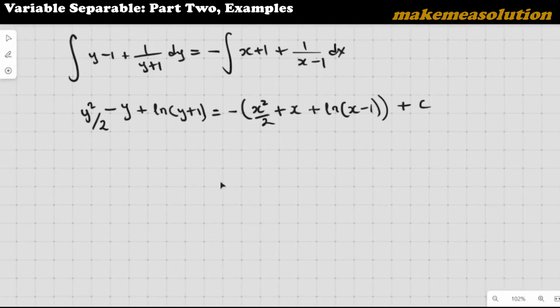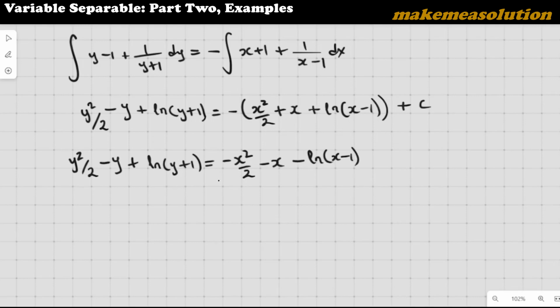Okay, so when we solve further, because it's good to leave your answers in good form, you have minus x over 2 minus x minus ln x minus 1 and plus c. So I'm just going to take all the variables to the left hand side and leave the constants on the right hand side. This is another cool way of leaving your answer.